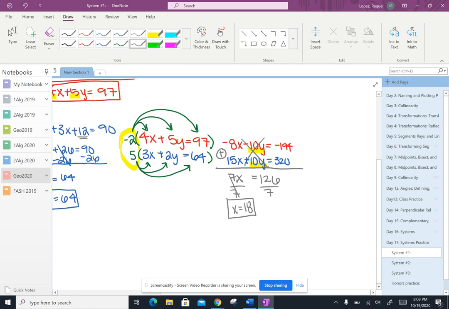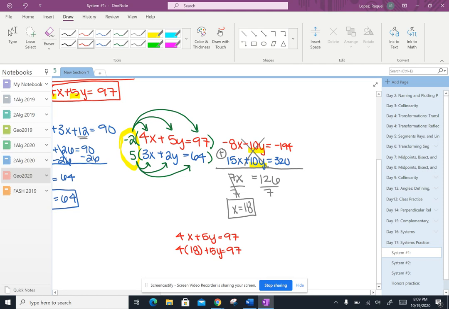I've solved for x, but I haven't solved the system because you also need to find your y. I know what my x is, so I'm just going to substitute that value into one of the original equations. It does not matter which one, so I'm going to choose the original red one. I had 4x plus 5y equals 97. I know what x is now, so I'm going to do 4 times 18 plus 5y equals 97.